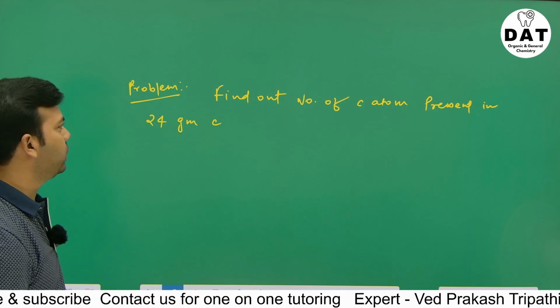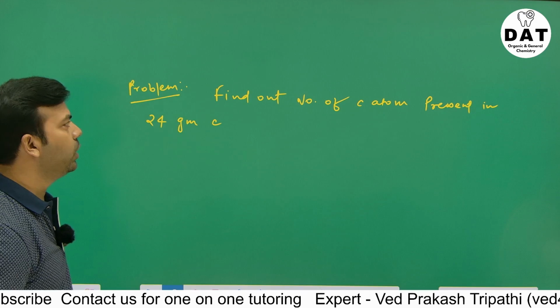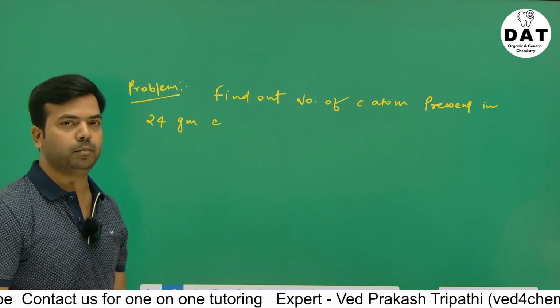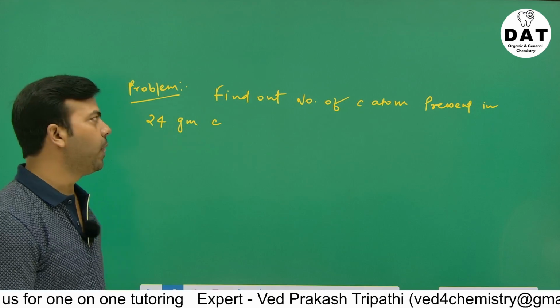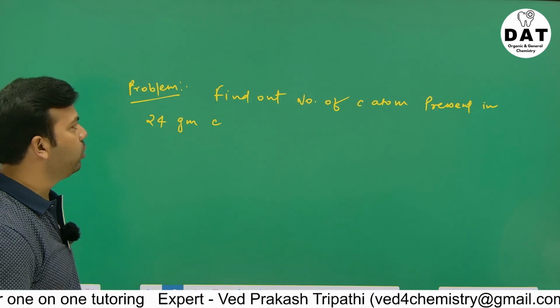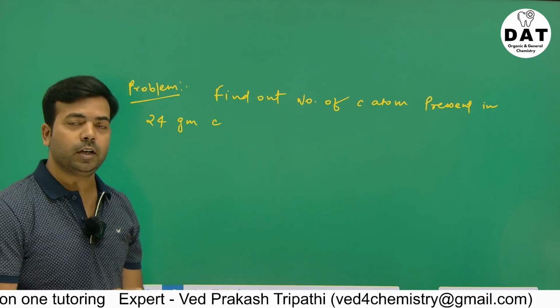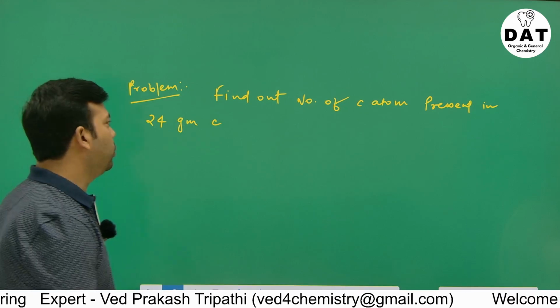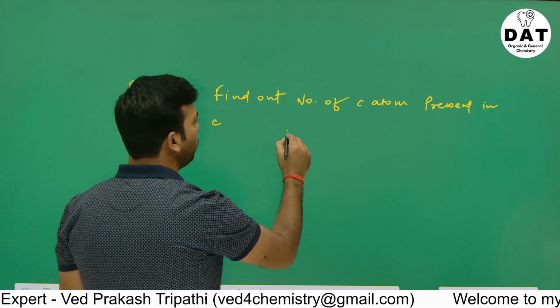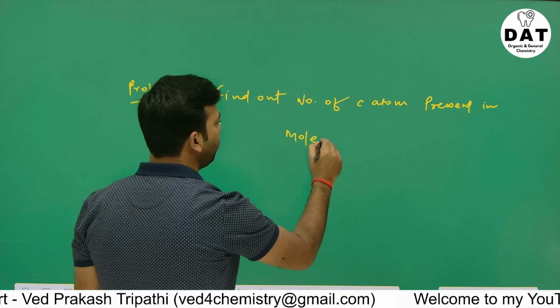Okay, now we have a question. It is asking to find out the number of carbon atoms present in 24 gram carbon. So again, look here, it is talking about the number of carbon atoms present in 24 gram carbon. First of all, we have to find out the mole. And what is mole?